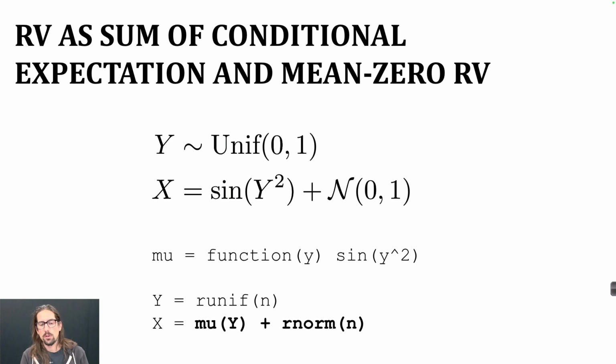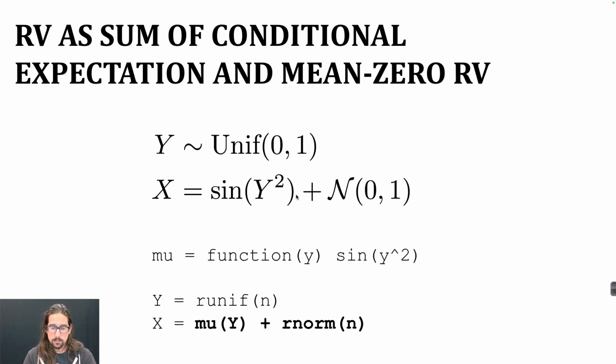Like, if y is age and x is blood pressure, maybe blood pressure increases linearly with age. So I want this conditional mean relationship to be linear, so I would have something like a times y. Here I'm doing something else, sine of y squared. But then there's also a bit of noise, right? People's blood pressure is not entirely deterministic based on their age. So all I need to do is add a little bit of noise here.